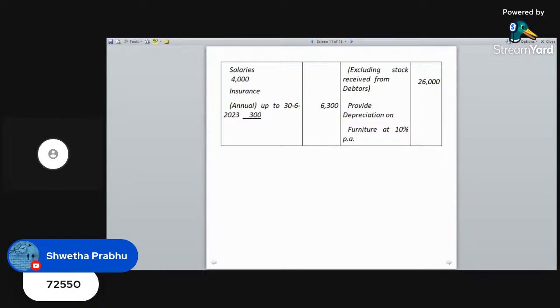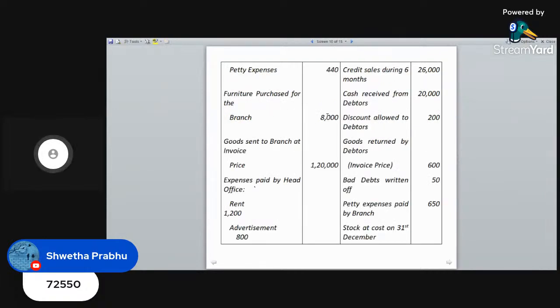The amount of depreciation, whatever is calculated, will be adjusted in the closing furniture. While recording the closing furniture, we have to make an adjustment. Furniture purchased during the year was 8,000, and while showing the closing furniture, we have to take this 8,000 minus depreciation of 10%. 10% depreciation of 8,000 is 800 rupees, correct?